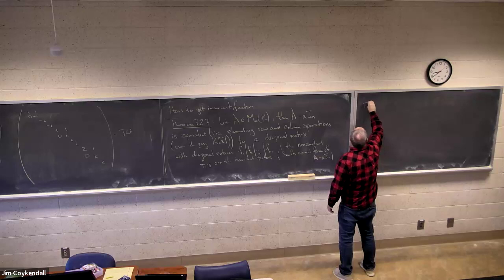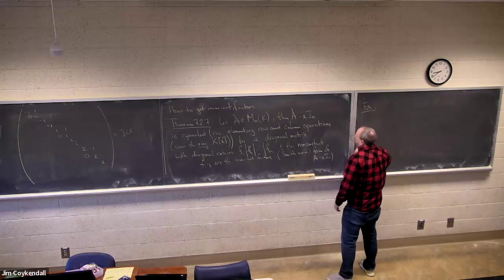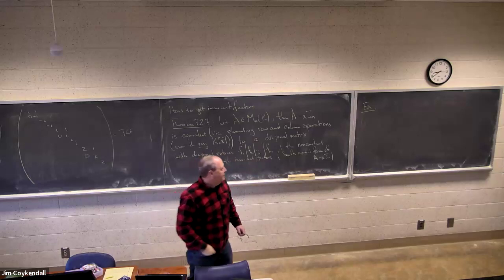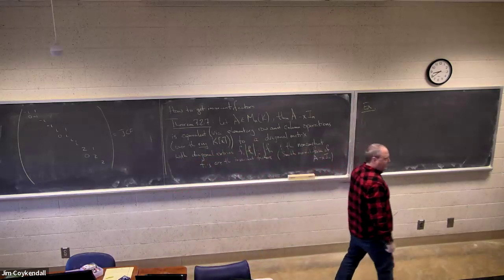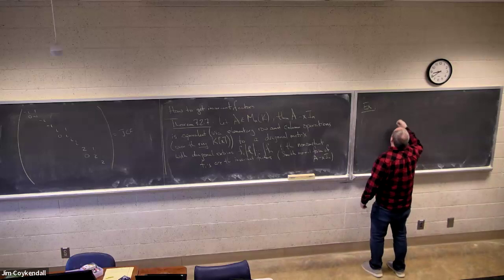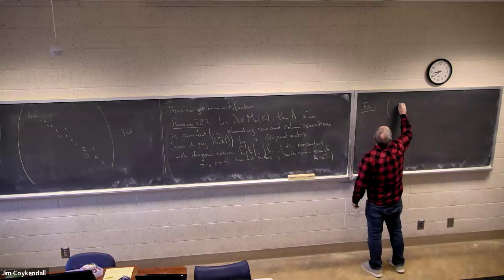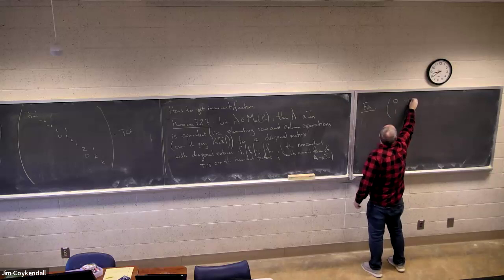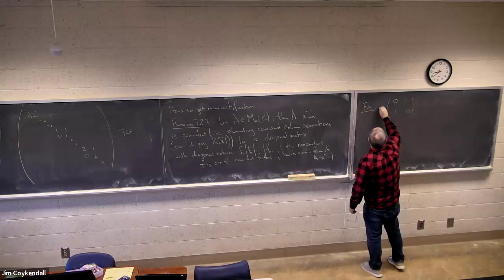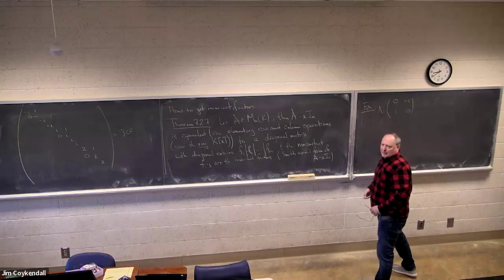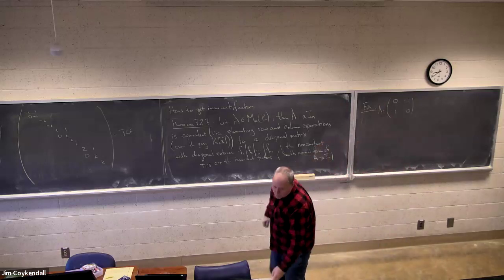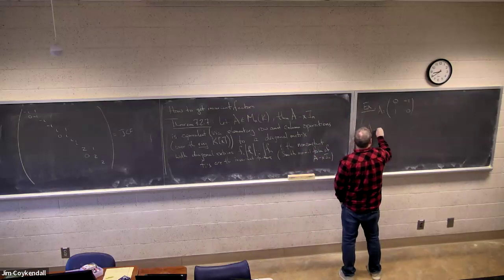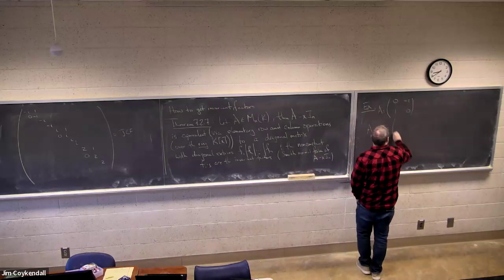For example, let me do a terribly simple one. Suppose I have this. So what I would do here is find the Smith normal form of this.